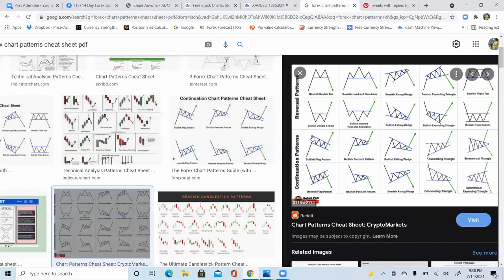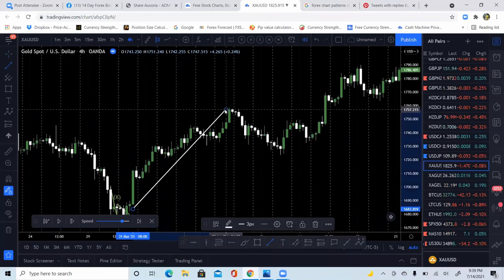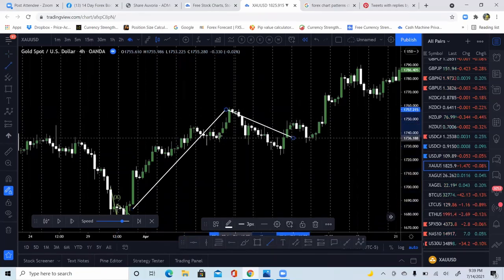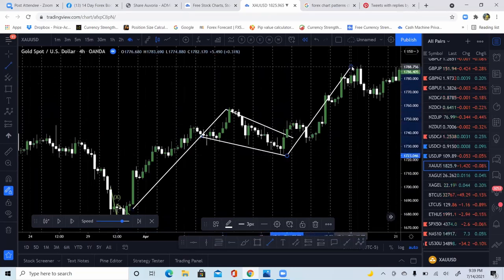Let's go bullish flag. Let's see if I can find one of those. Pulls right up. So let's do this. So you got your bullish flag. You've got your upward momentum, followed by your flag here, and then it shifts back up.